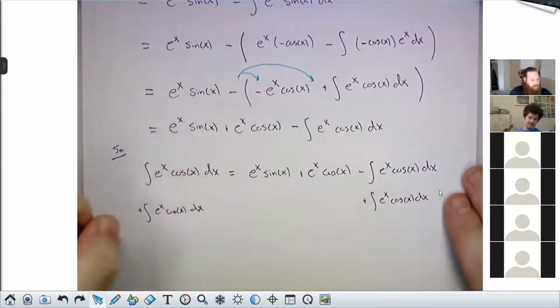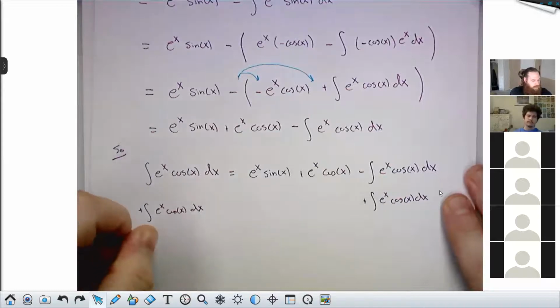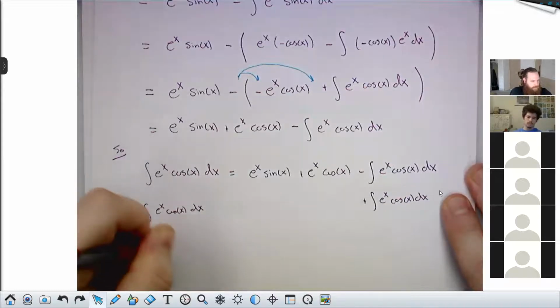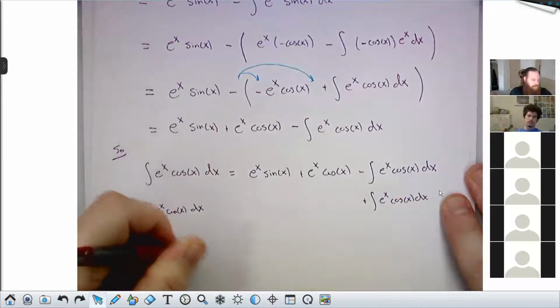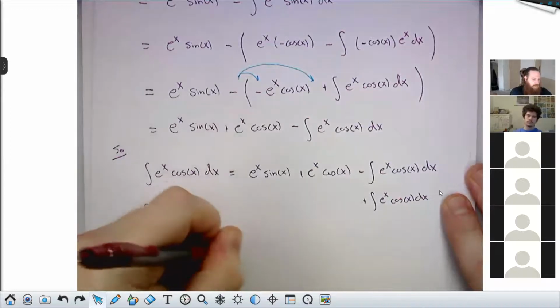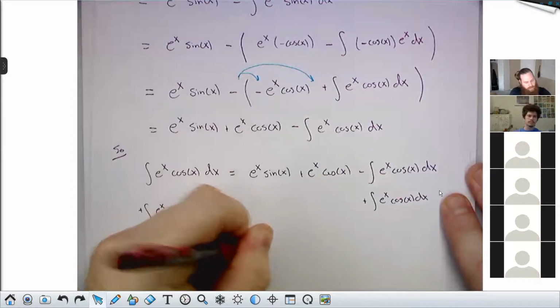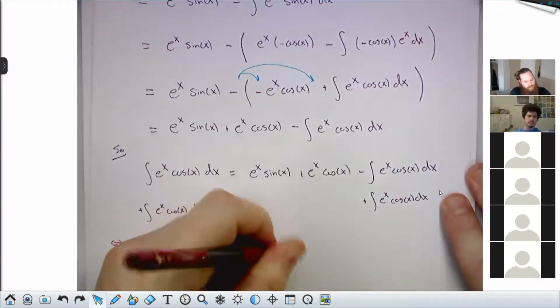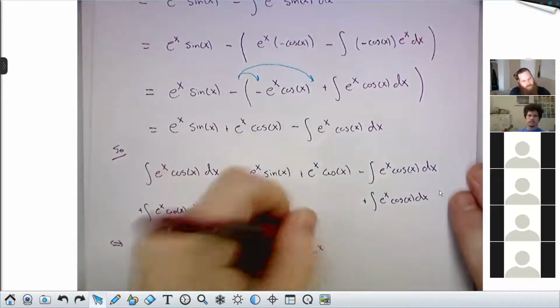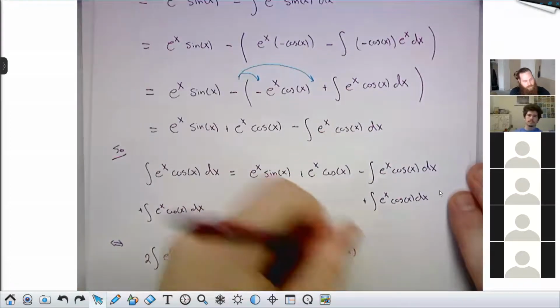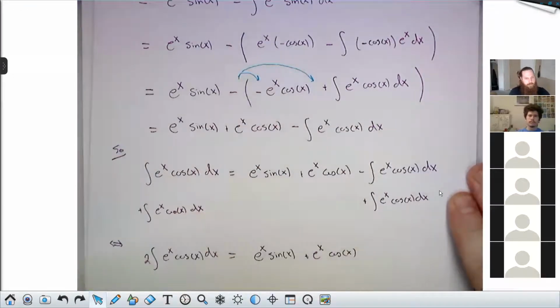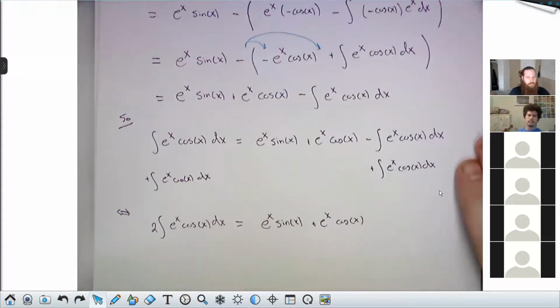On the left-hand side, I'll have 2 times the integral of e to the x cos x dx. And on the right-hand side, I have e to the x sine x plus e to the x cos x. The integral is gone. I added it over. Divide by 2.